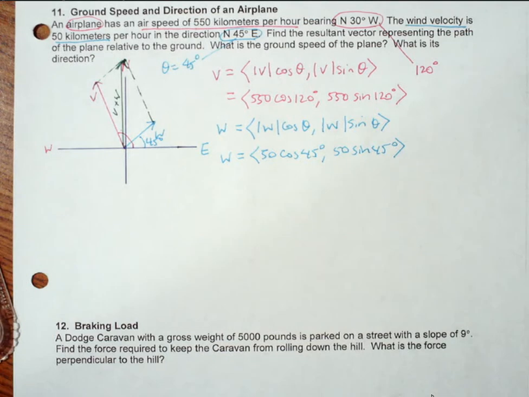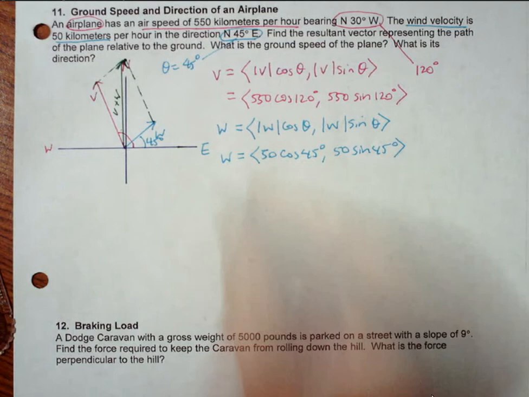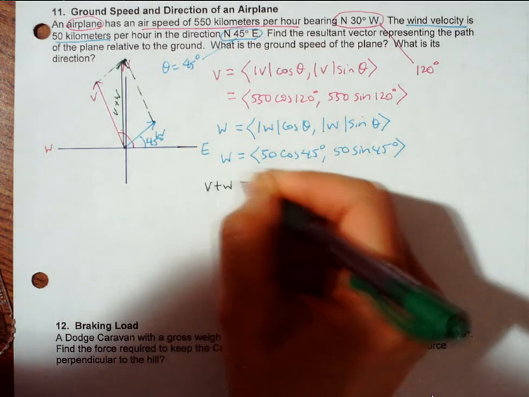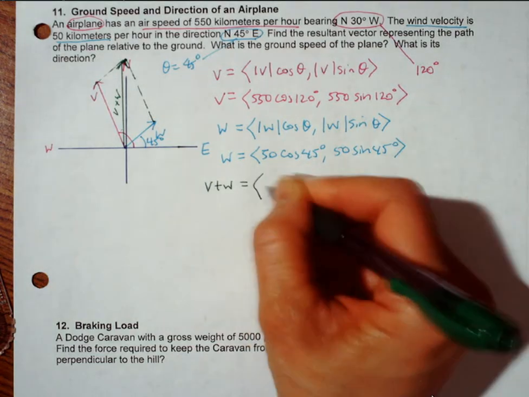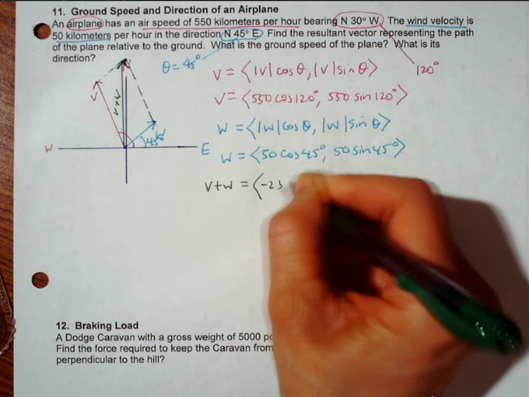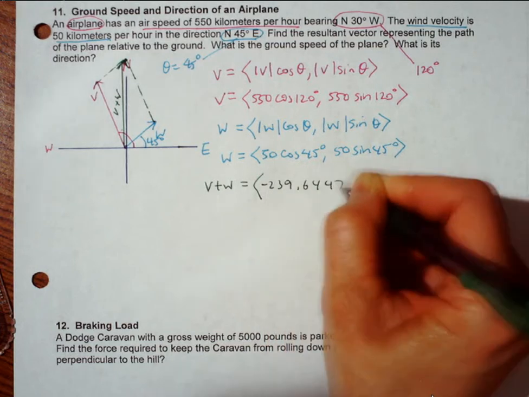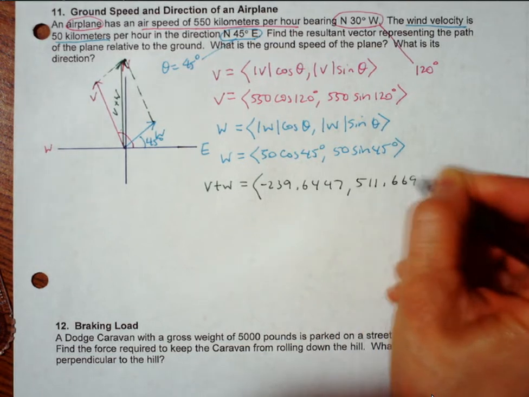Alright, so to figure out what is the resultant vector, I'm just going to add them up together. So that'll be v plus w. So I'm taking my x component and adding it together, and my y component and adding it together, and you get an answer of negative 239.6447, and then 511.6693.